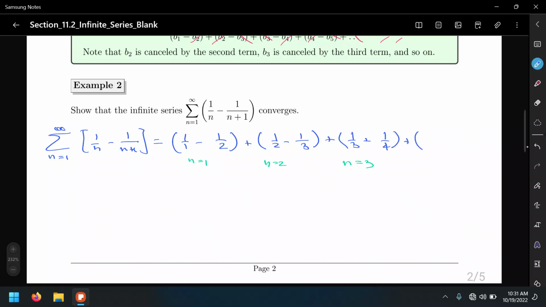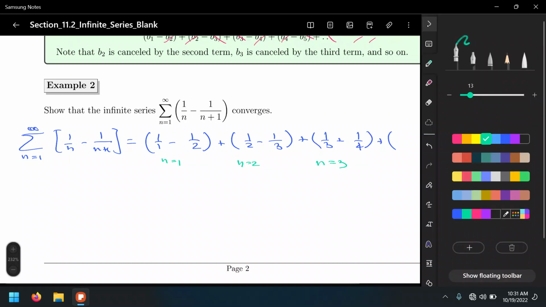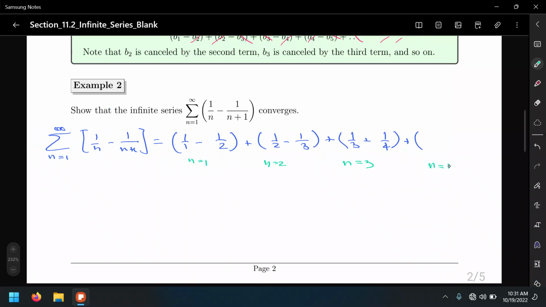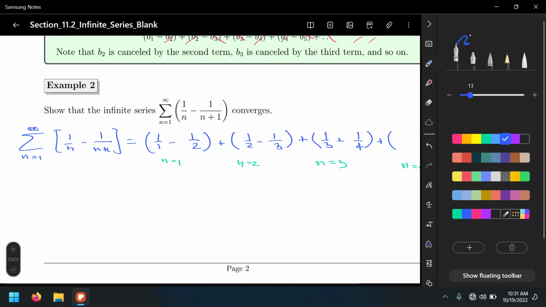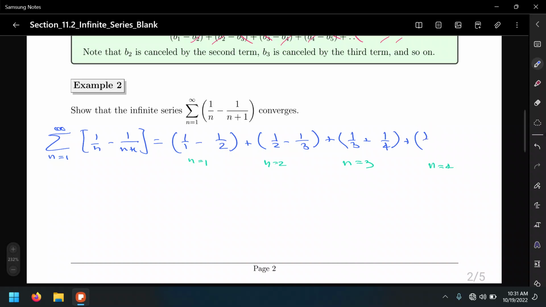Plus, for n equals 4, 1 over 4 minus 1 over 4 plus 1, which is 1/5. But we don't need to have infinitely many terms in here. If the sum continues on and on, eventually we will get the following.